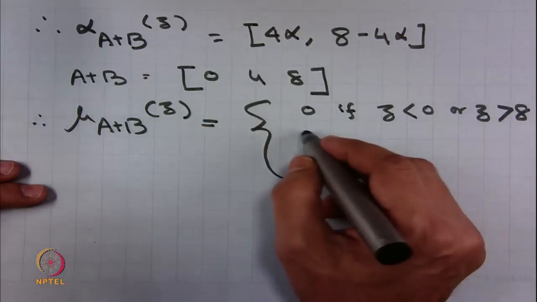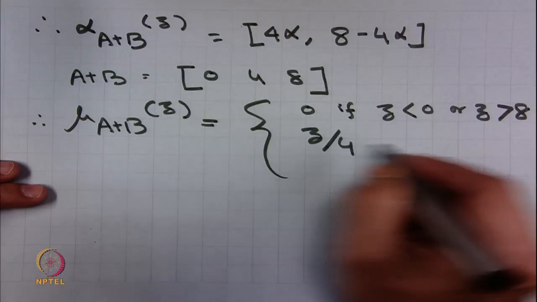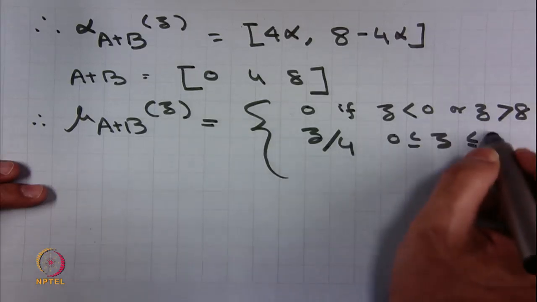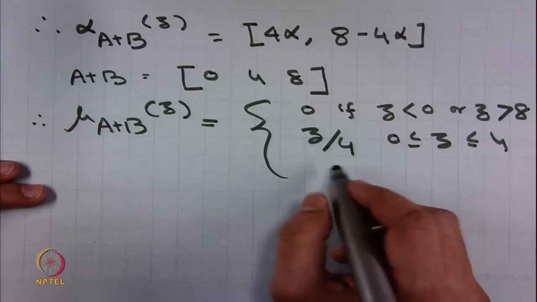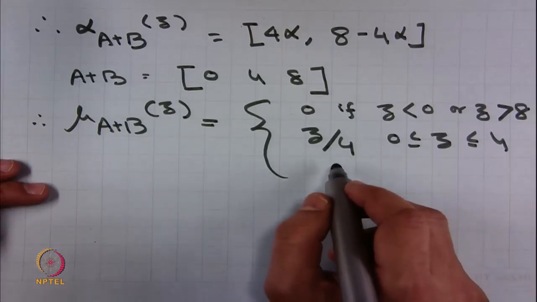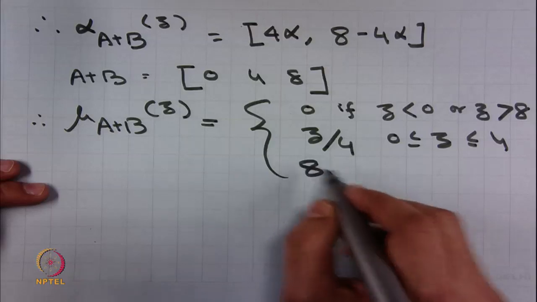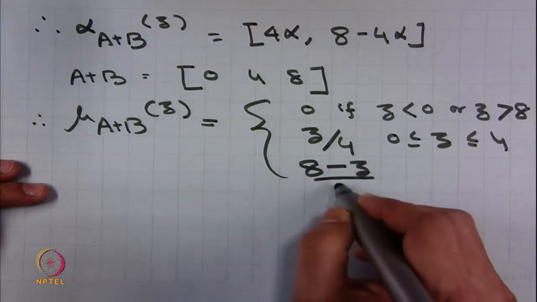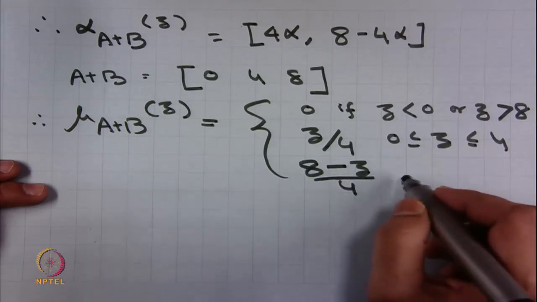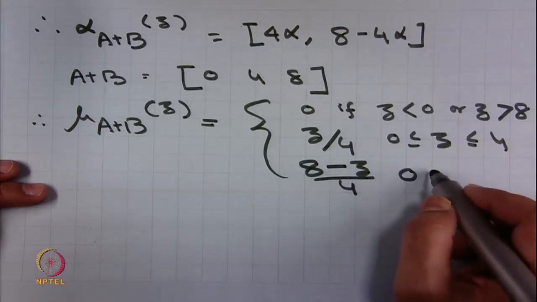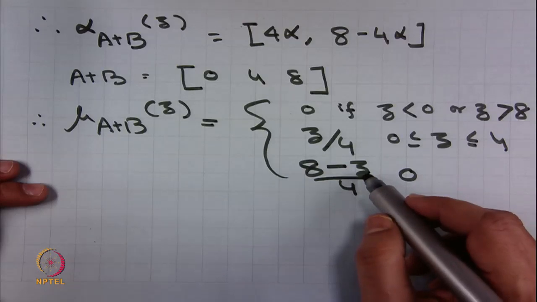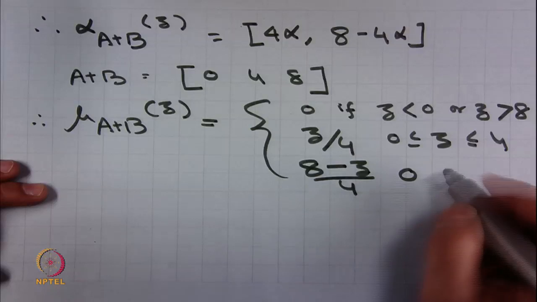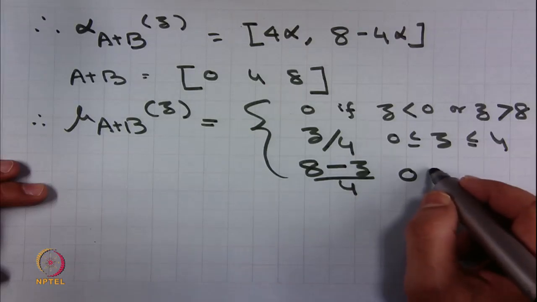Between 0 to 4, it is going to be Z by 4, and between 4 to 8, it is going to be 8 minus Z by 4. So, when Z is equal to 8, it is 0. When Z is equal to 4, it is 1.